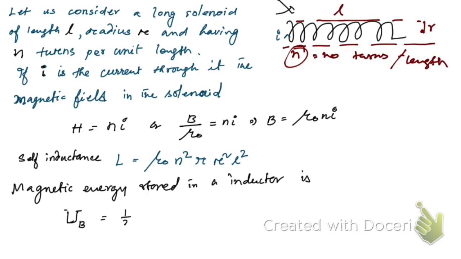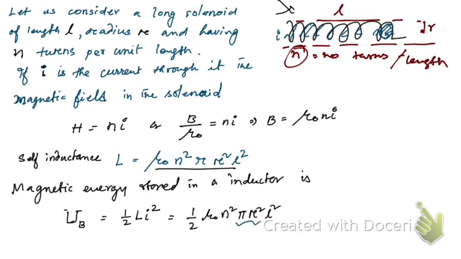is half L I square. So instead of L we're going to write this expression, that is mu naught n square pi r square L, right? Now you see, the volume inside this solenoid will be given by the area of this cross section into its length.